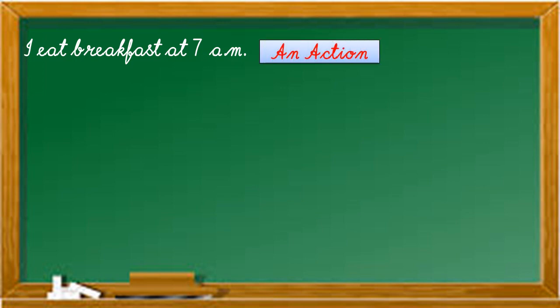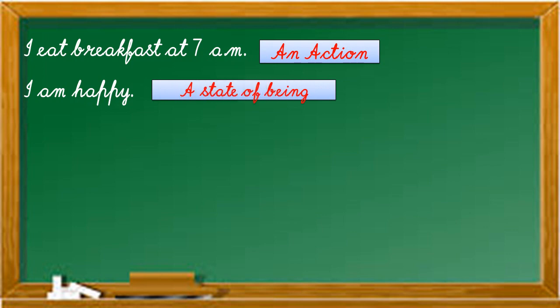Now let's see a few sentence examples. I eat breakfast at 7 a.m. What does the verb tell us? It tells us about an action. Next, I am happy. Here, am refers to a state of being.